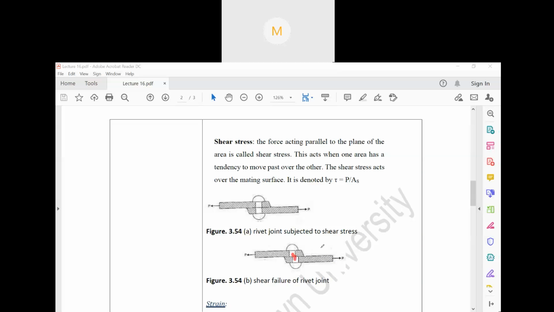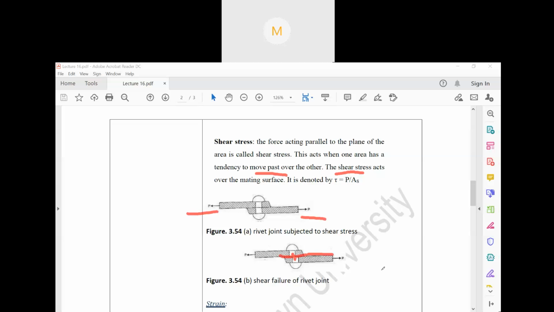Then eventually this is experiencing shear force. So shear stress means the stress applied on a body which has a tendency to move fast over one another. If you are applying force here and here, it is just tearing off, breaking away at this point, right? This is not normal stress, but this is shear stress.